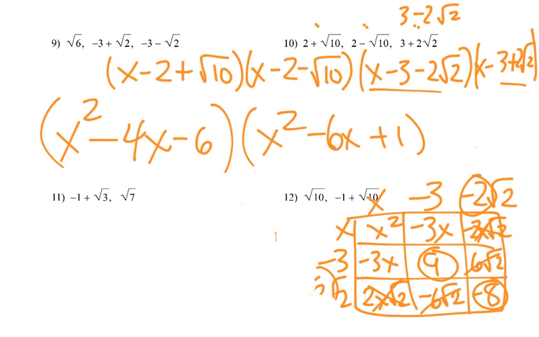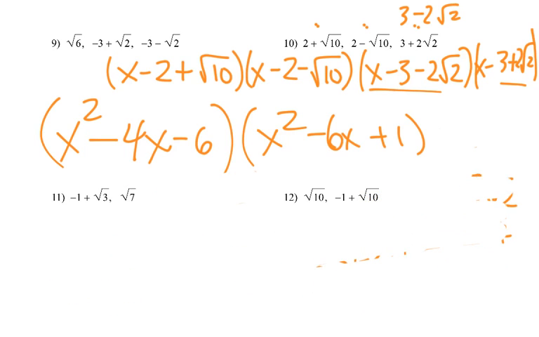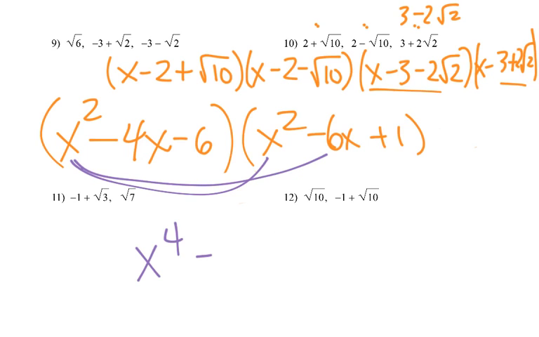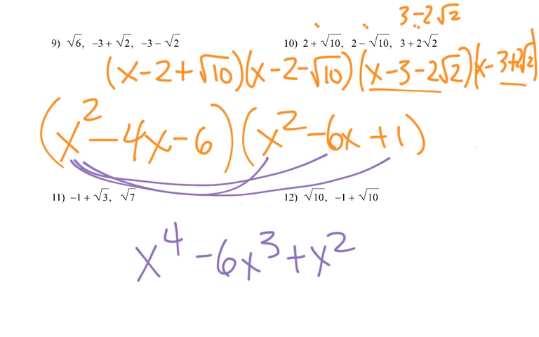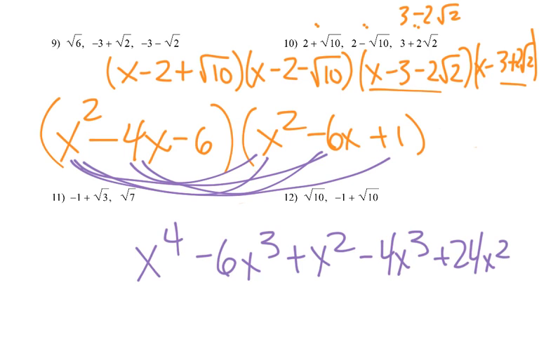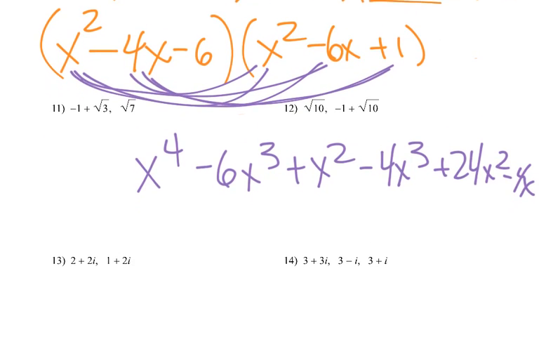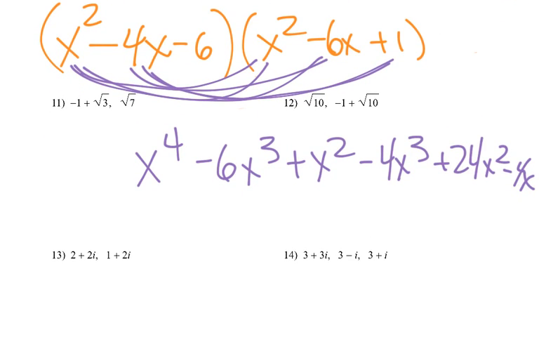Alright, now I do this one more time, and then we'll end up with our answer. So that would give us x to the 4th minus 6x cubed plus x squared, minus 4x cubed plus 24x squared minus 4x. And this is more the FOIL style, and I just wanted to do it just for fun.